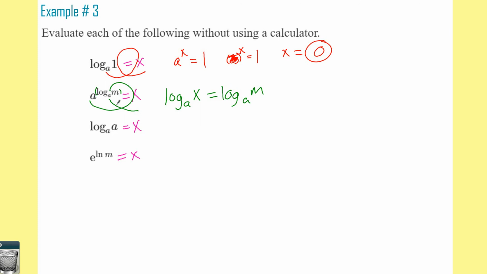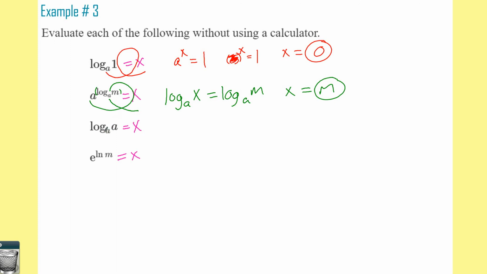Wouldn't you know? Well, just like with exponential in the last one, x must equal m. Okay, so that's a nice little trick there. a to the exponent of log base a of m is going to equal that m. Okay, that's going to come in handy later.